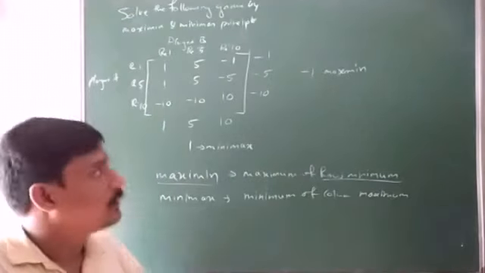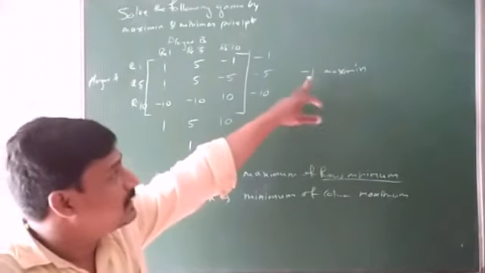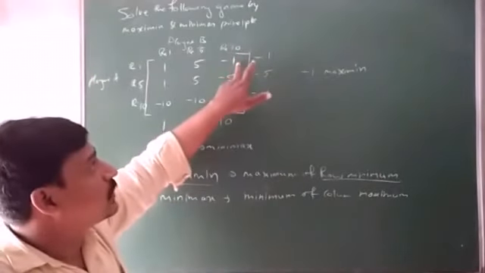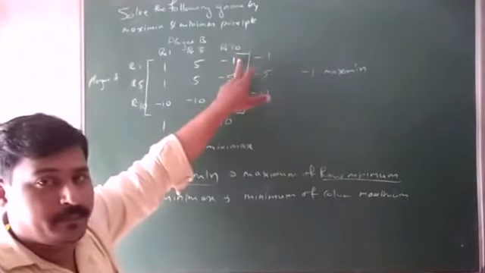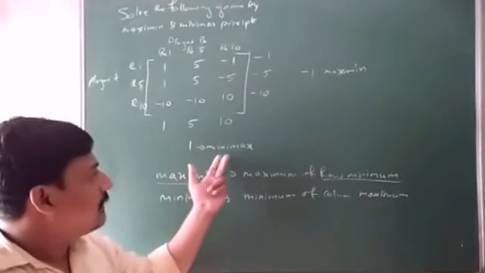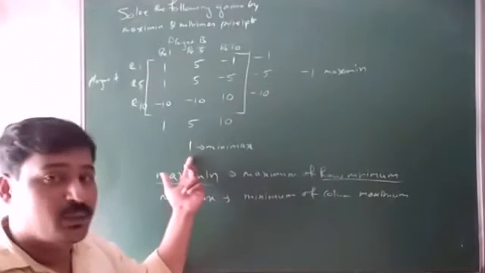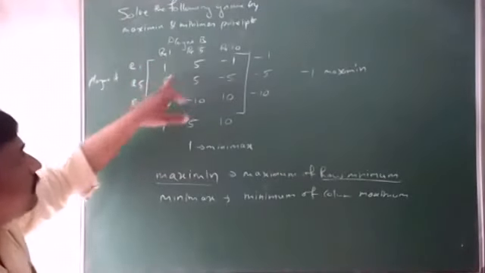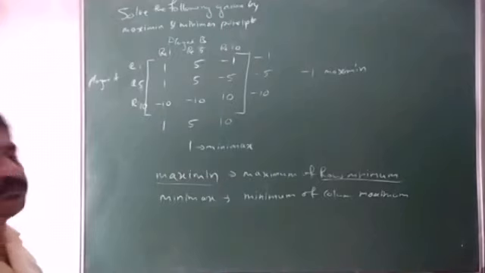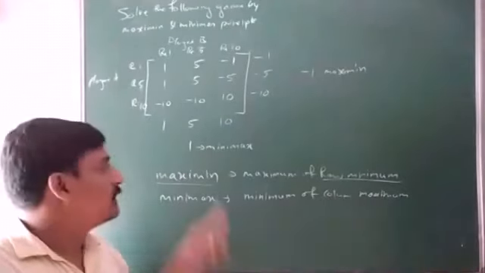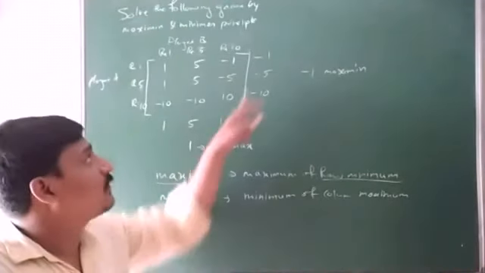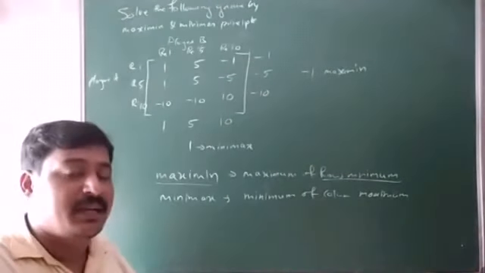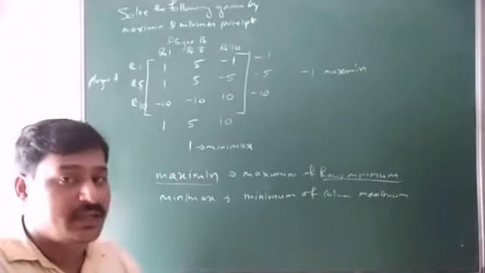No. Maximin is -1, from first row, third column. Minimax is +1, from first row, first column, or second row, first column. So minimax and maximin are not coinciding here.